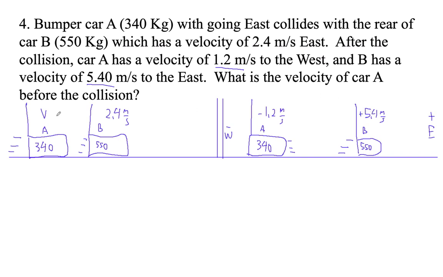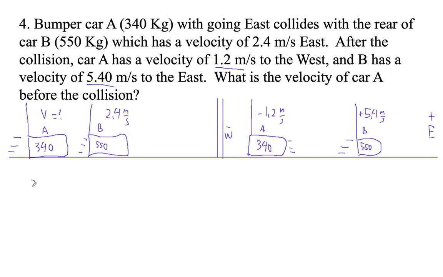Okay, so this is V equals, we don't know this velocity. Okay, let's see. I think that's the picture. Let's just double check. This guy hits this guy. It's got to be going faster than 2.4, right? All right, I think we're ready to go.